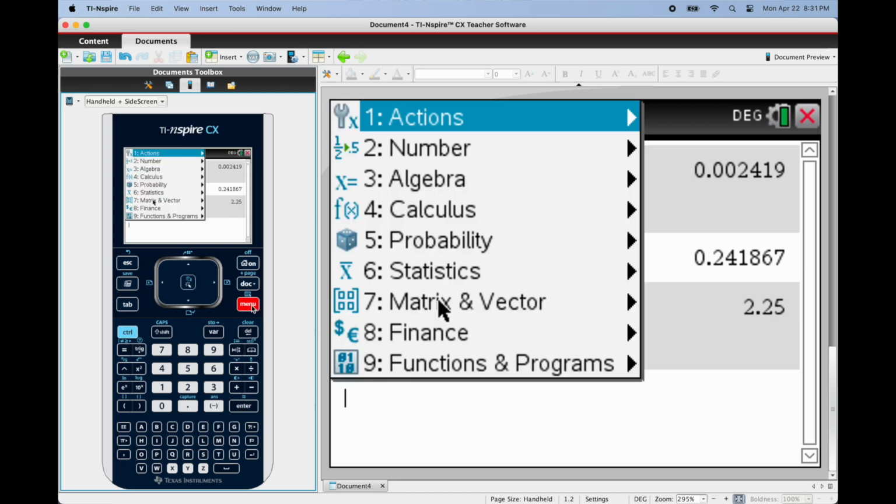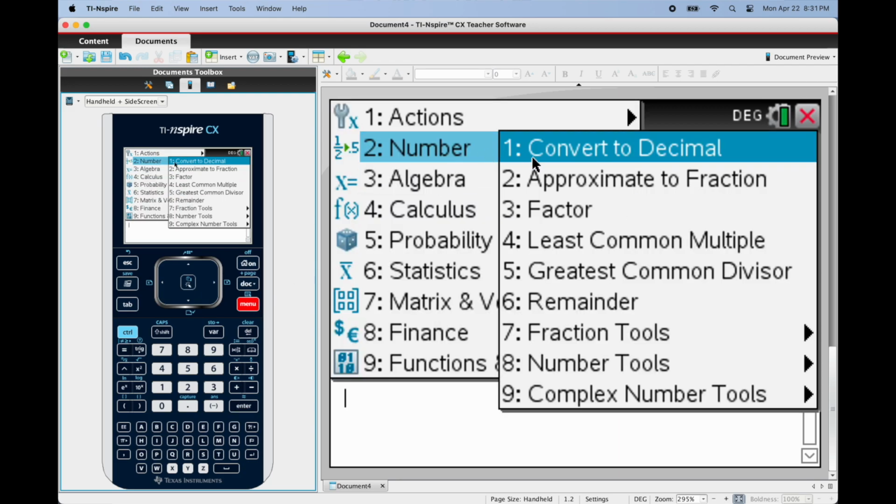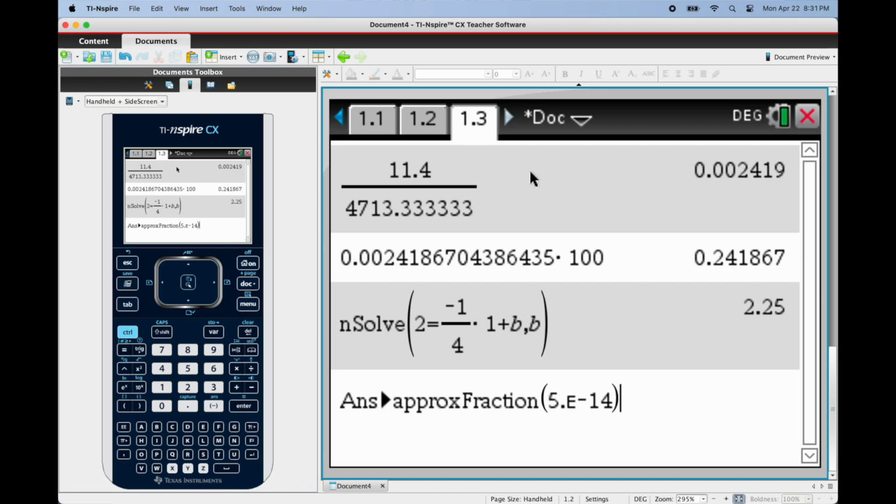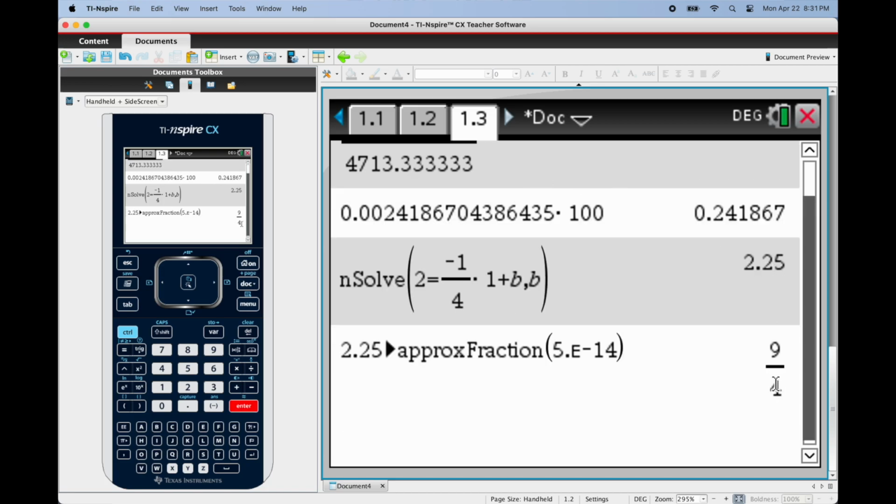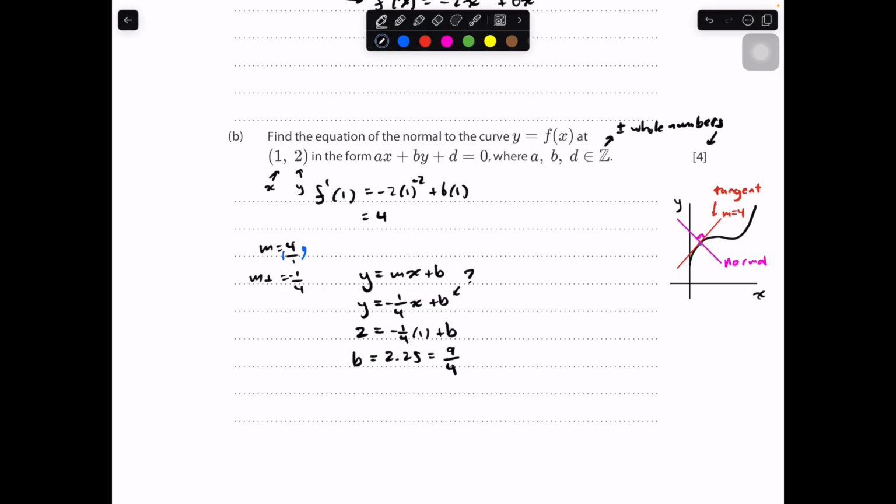We can go menu, number, and then approximate to fraction, and it would give us 9 over 4. Sometimes it's going to be easier to convert to fractions than to work with decimals, maybe.